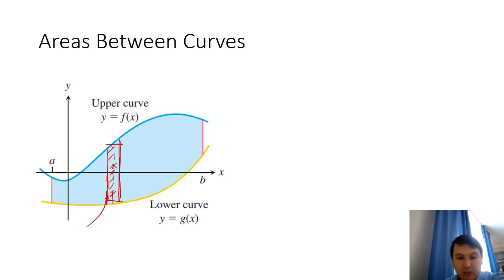Let's call it delta A i, the ith area. So what is it going to be? This point here is your f of xi, and that point here is your g of xi. We already know the width: the width is delta xi.